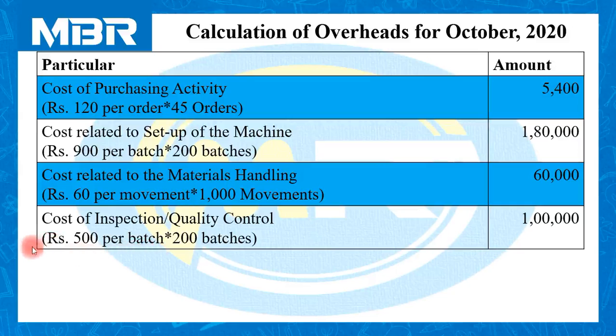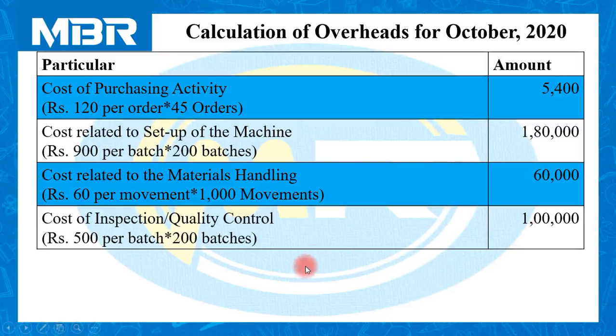The expenditure is to be allocated to the concerned project at the rate of rupees 500 per batch, and during October 2020 we have scheduled 200 batches to complete the production of 20,000 units. So rupees 500 per batch multiplied by 200 batches is equal to rupees 1 lakh.